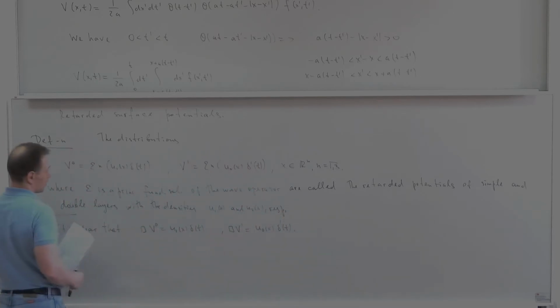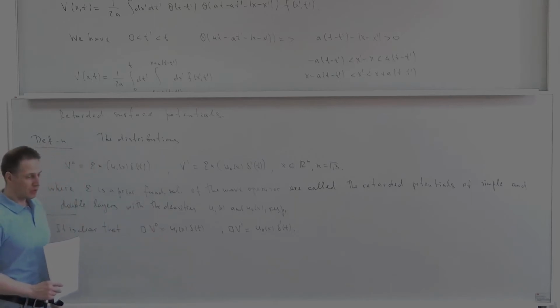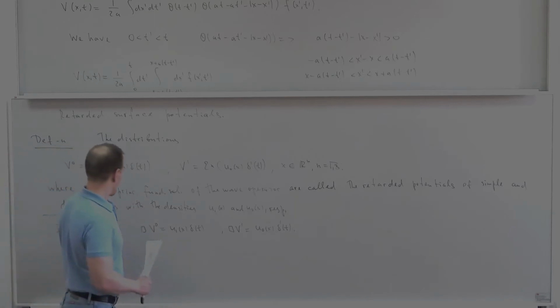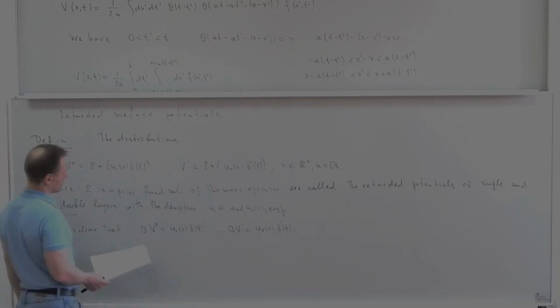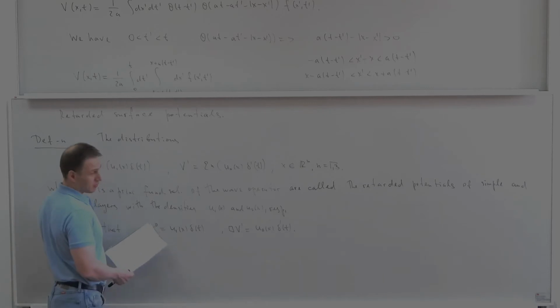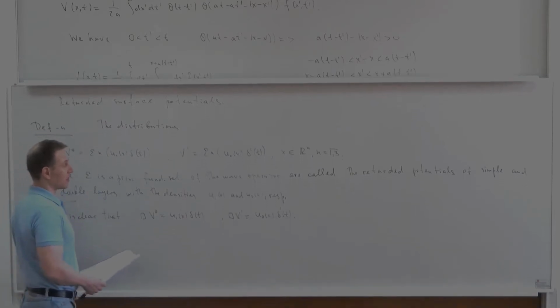And so our task is to find the explicit expressions for these retarded surface potentials, and we start with the case of the potential V0, and namely with the case n is equal to 3.